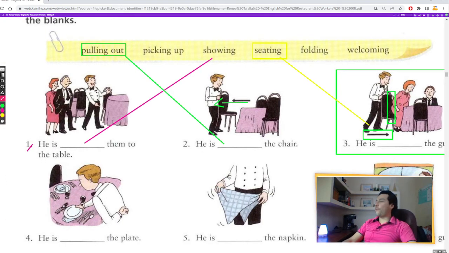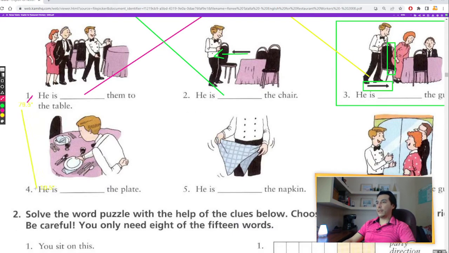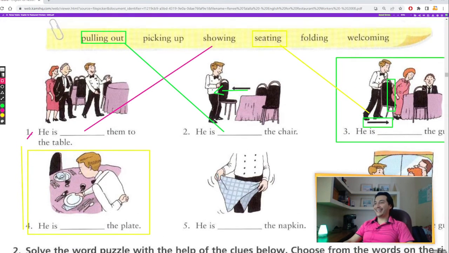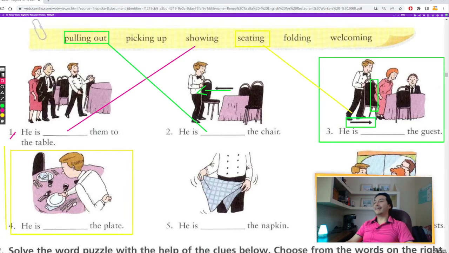Now, number 4. What's going on in number 4? He is blank the plate.